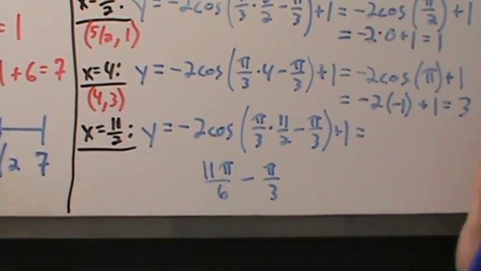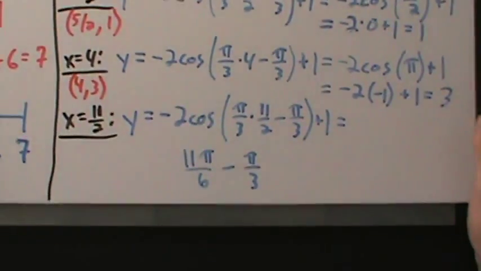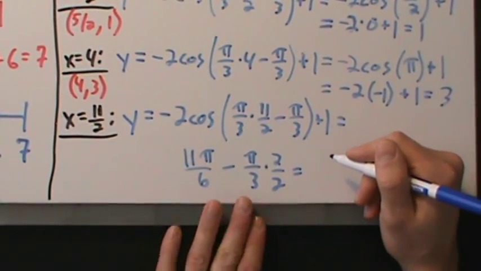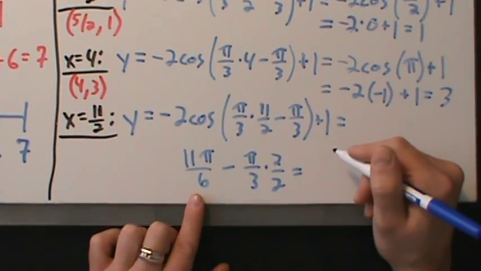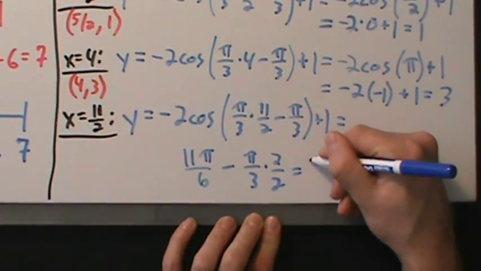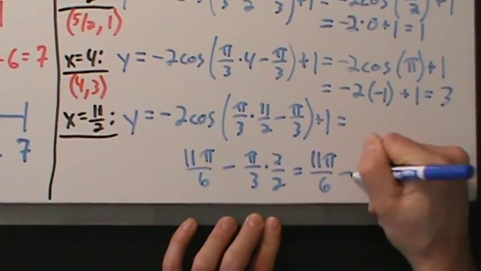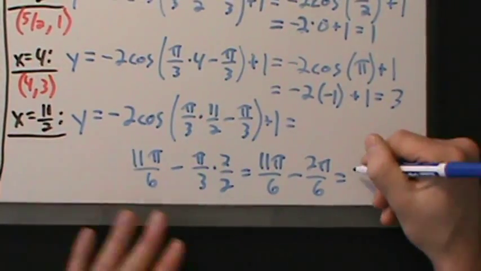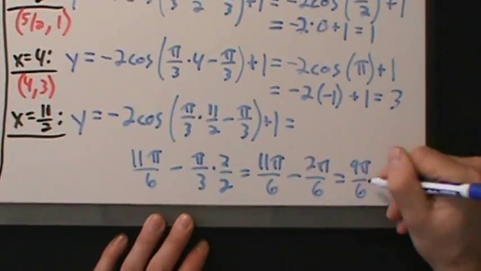Common denominator, just like when we did x equals 5 halves. Common denominator, multiply this by 2 over 2. Because our least common denominator is going to be 6, because this denominator is 6, this one's 3, so I have to multiply this one by 2 over 2 to get 6. So then 11 pi over 6 minus 2 pi over 6 is 9 pi over 6.